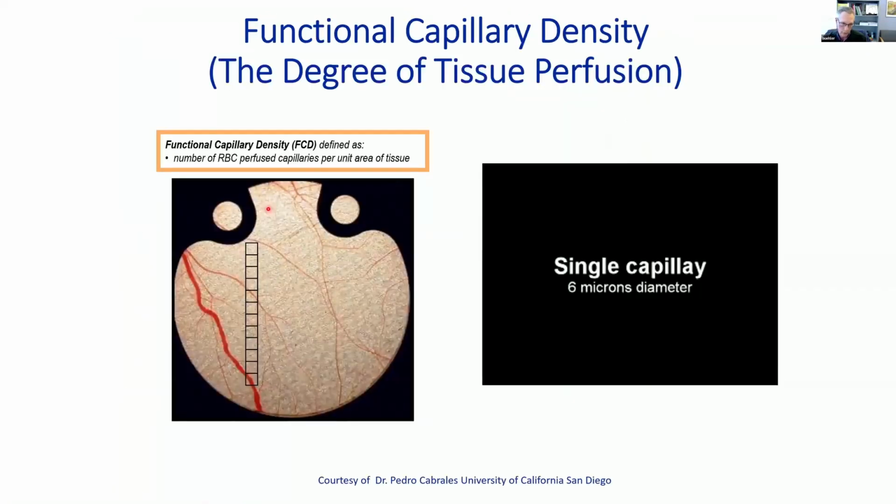And this can be looked at in the sense of a functional capillary density, where you're looking at the number of perfused capillaries per unit area.